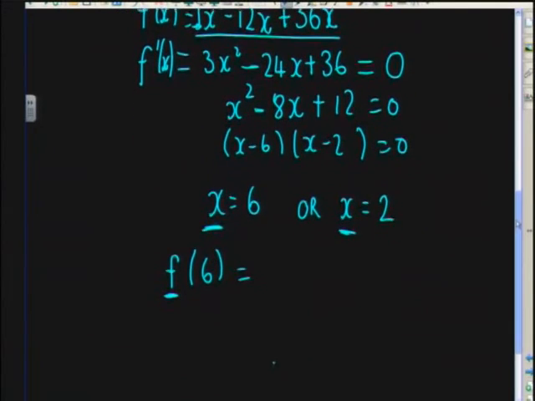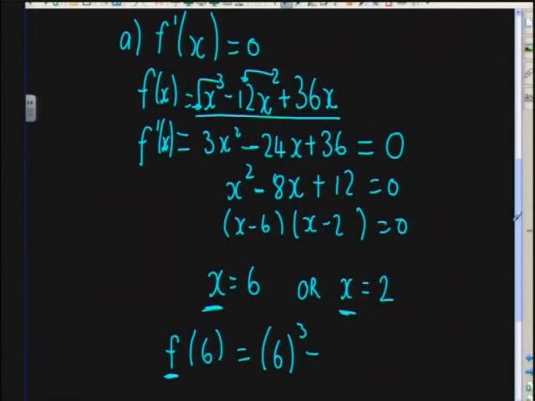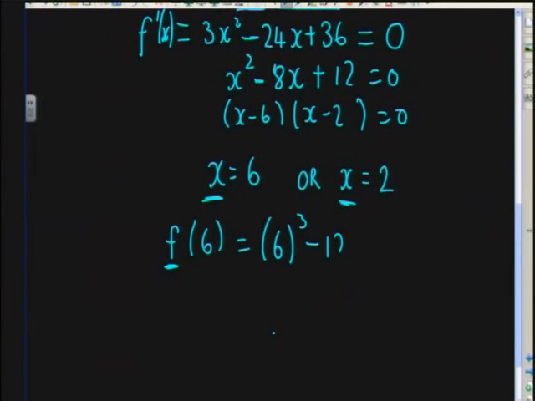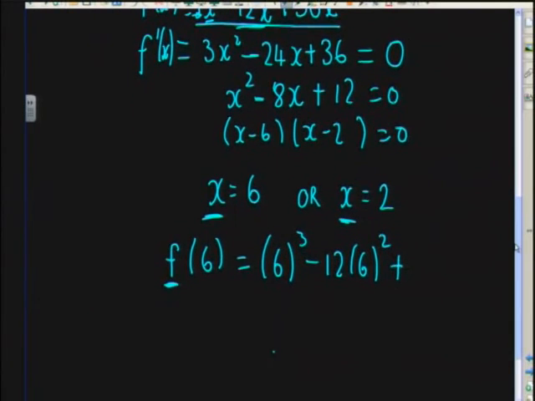Okay, so it's going to become 6 cubed minus, okay, this was your function, x cubed, so it's going to be 6 cubed minus 12 times 6 squared, and then it's plus 36x. All right, so it's plus 36 times 6.